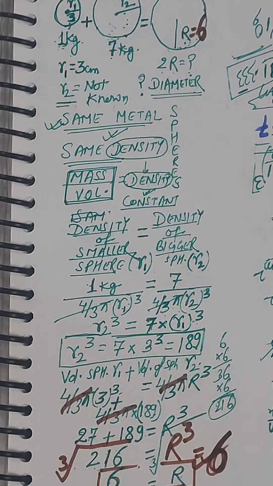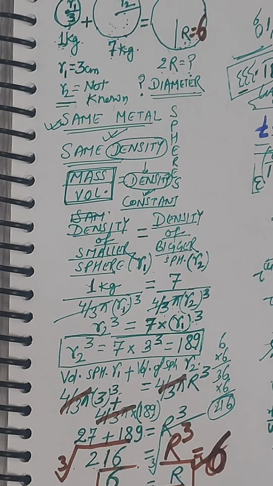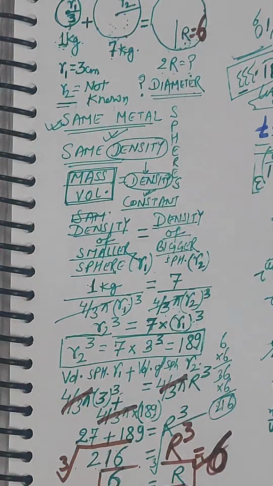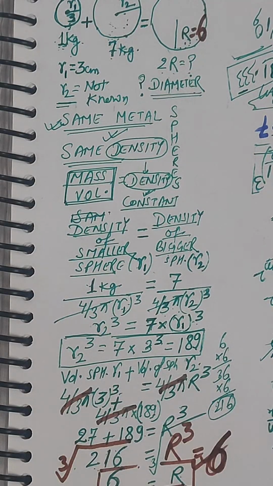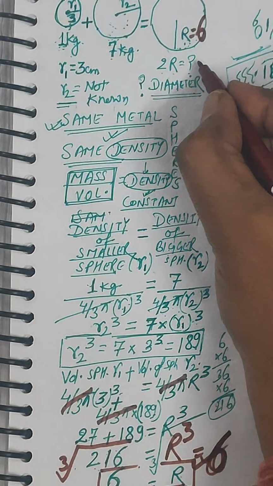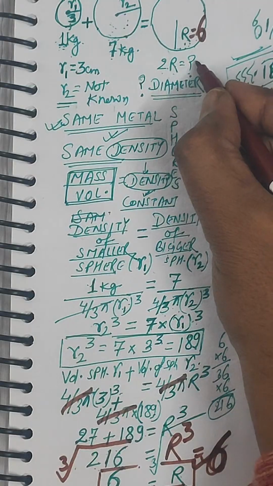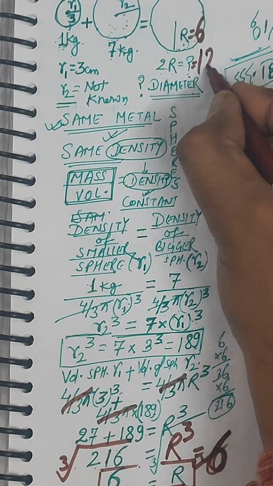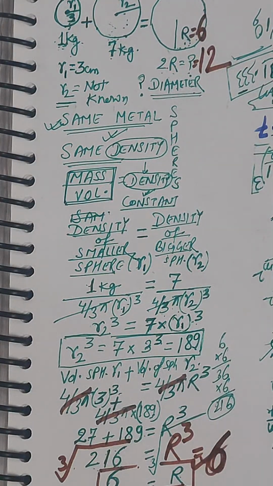This is the question which has been asked to us: what is the diameter of the biggest sphere? If the radius is known to you, the diameter is simply 2 times R, that is equal to 12, right? So students, in this way we have solved this question.